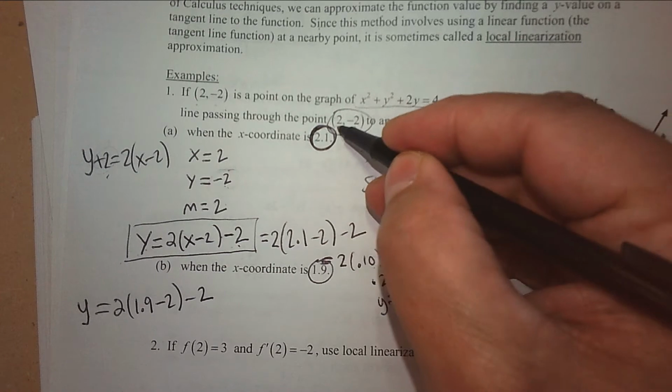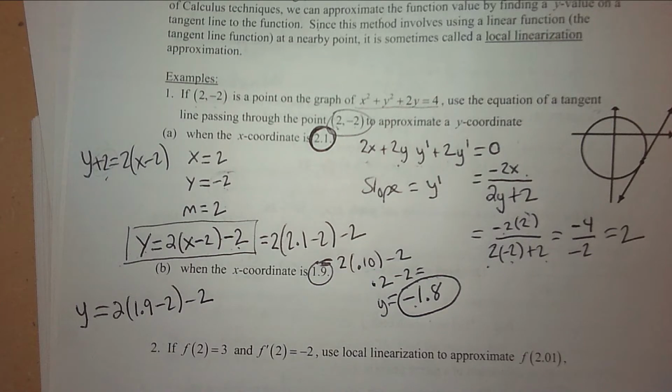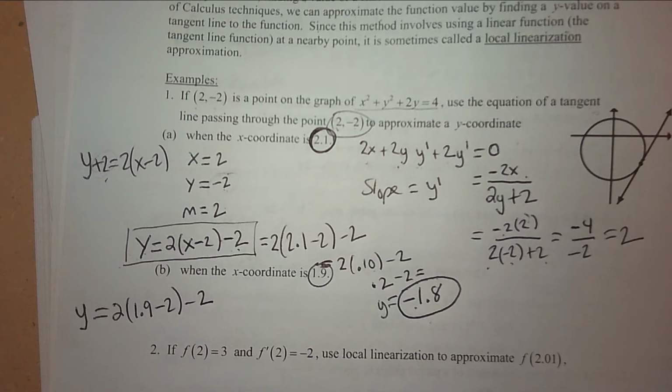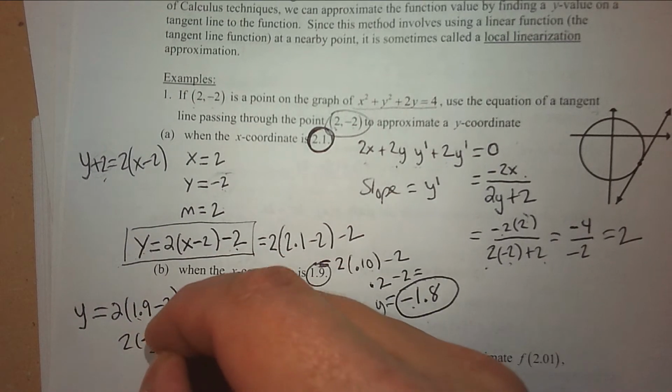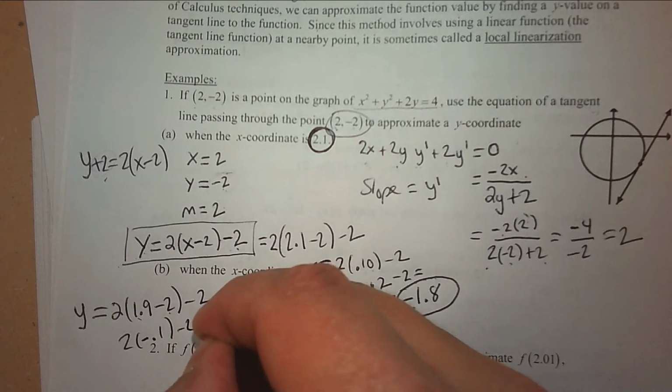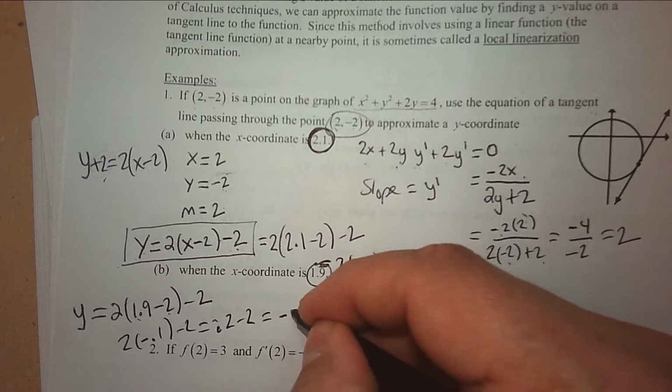If you plug in an x value that's way far apart from 2, that approximation is going to be way off, right, as the line goes further away from the actual picture. What's 1.9 subtract 2? Negative 0.1. That's negative 0.2. So this would be negative 2.2.